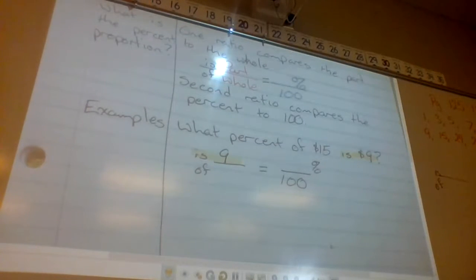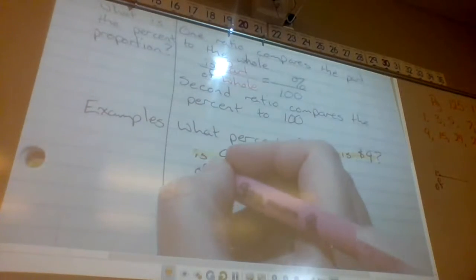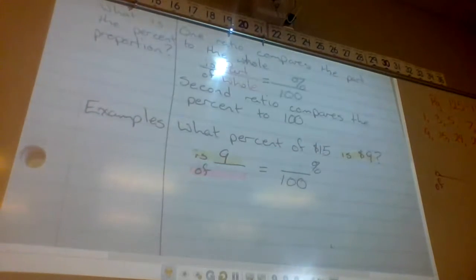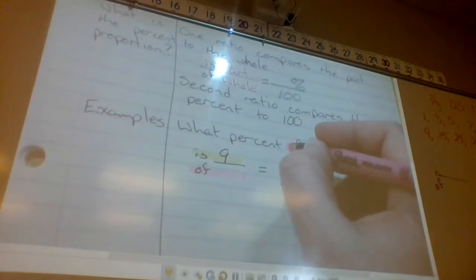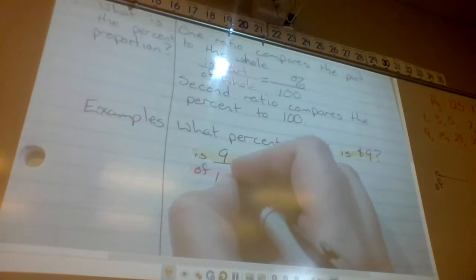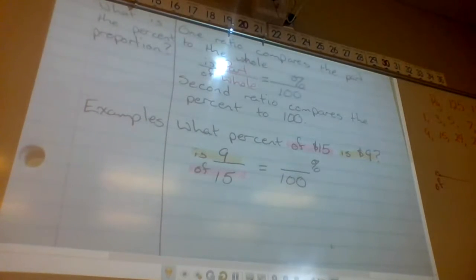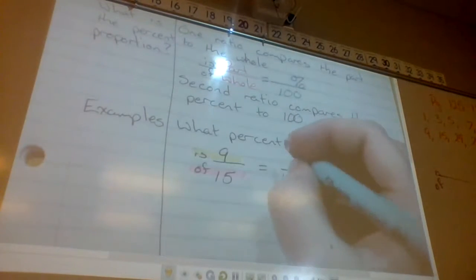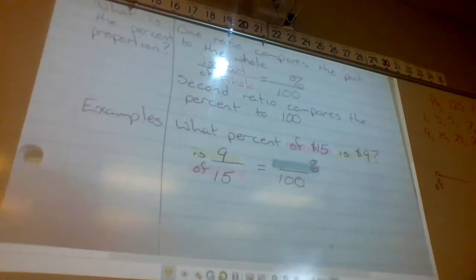Put that highlighter away and grab a different highlighter. Of. Do you see the word of? Of goes with the number 15. That tells us that we are going to put 15. Grab that final color, and you have percent.